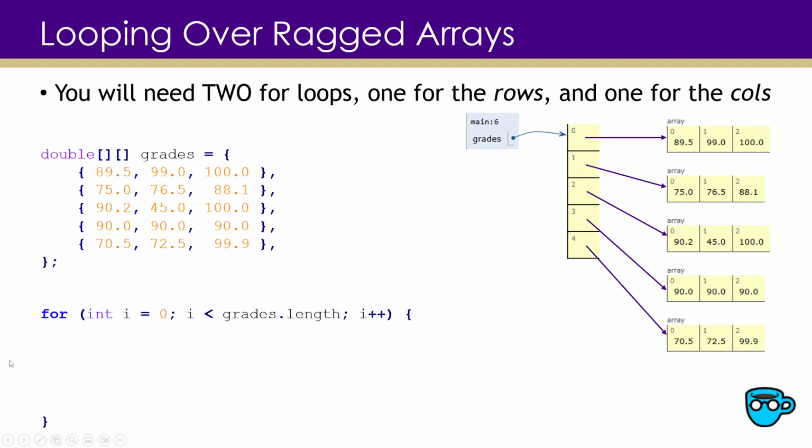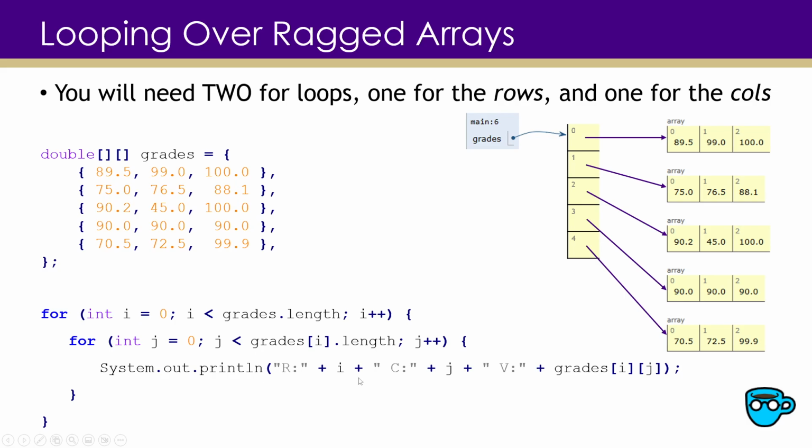So we create one big loop for all the rows. So this will go from row 0, row 1, row 2, row 3, row 4, right? Grades.length. And then the second loop that's nested inside goes column 0, column 1, column 2. And then we can do something with it, right? We can print out which row we're on, which column we're on, and the value at that row and column.